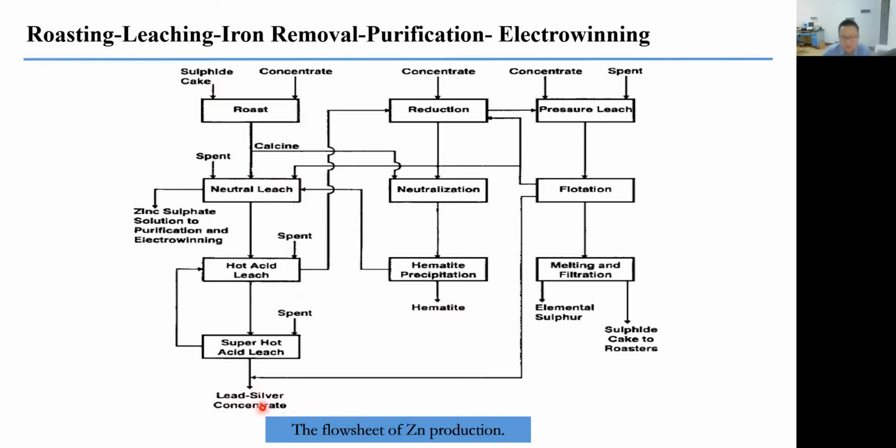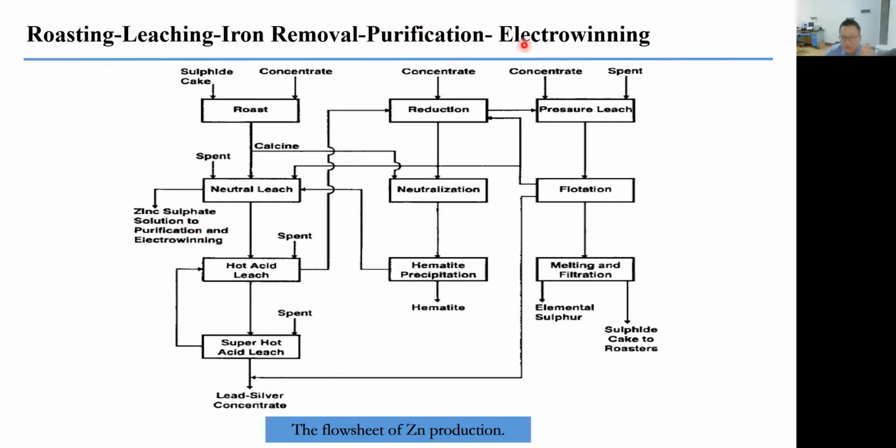So this residue or this slurry enriches lead and silver, and they can be used as materials for lead and silver recovery. And in the neutral leaching process, we have got the solution. So zinc sulfate solution will go to the purification and electrical refining process.